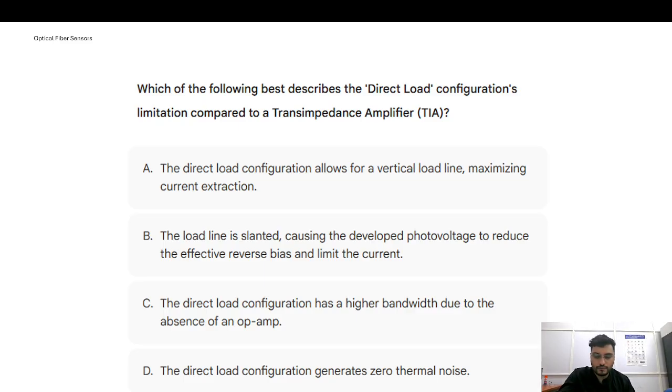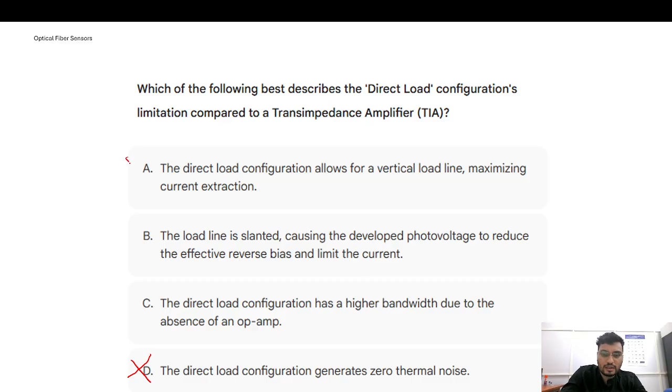This is definitely not correct. Direct load configuration generates zero thermal noise, which is not even possible. Option C, the direct load configuration allows for the vertical load line maximizing current extraction.